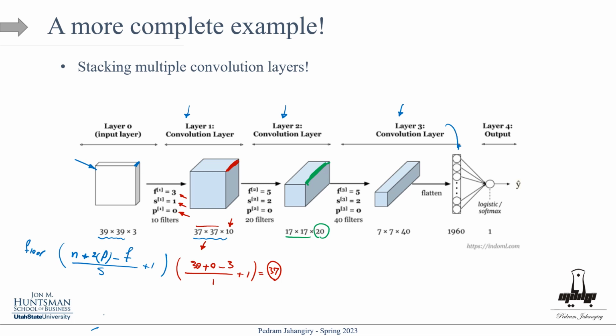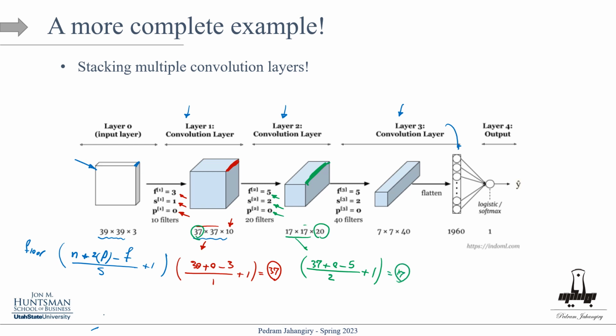So let's say this 17, what was the input from the previous layer? 37 plus padding 0 again, minus the kernel size, it's a 5 by 5 matrix, minus 5, divided by stride, which is 2, plus number 1. So what do we get? We get 32 divided by 2, 16, plus 1, 17. So this is where the 17 is coming from.